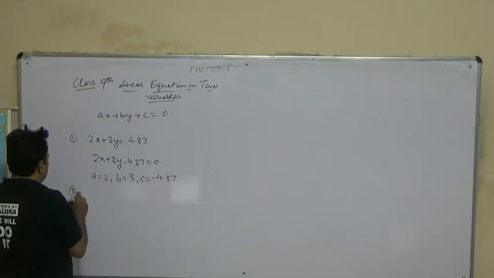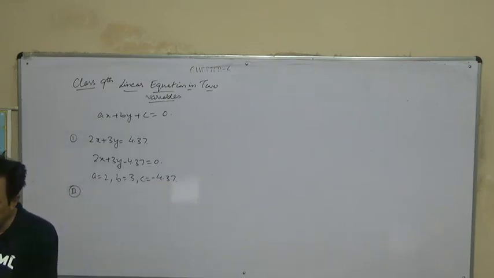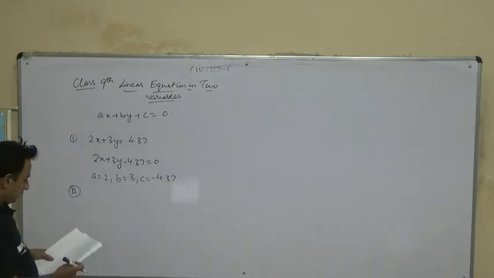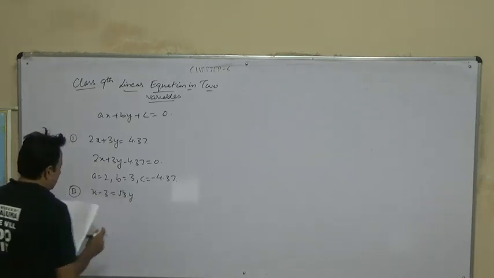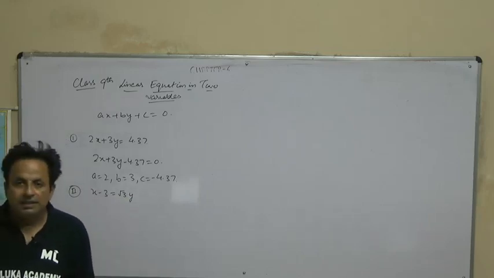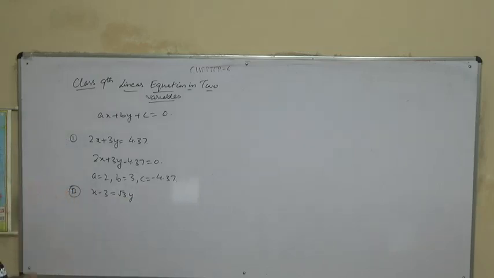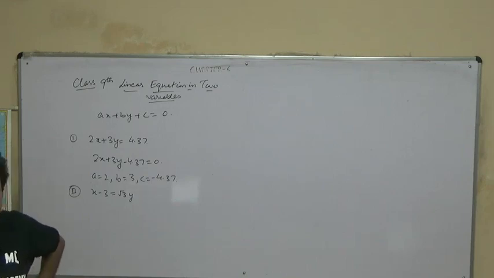Then the second part is x minus 3 is equal to root 3y. Here we see that the term of x and the constant are on the left hand side, but the term of y is on the right hand side, but the right side should be equal to 0. So we will transpose the term on the right hand side to the left side, with which the sign will change from positive to negative.